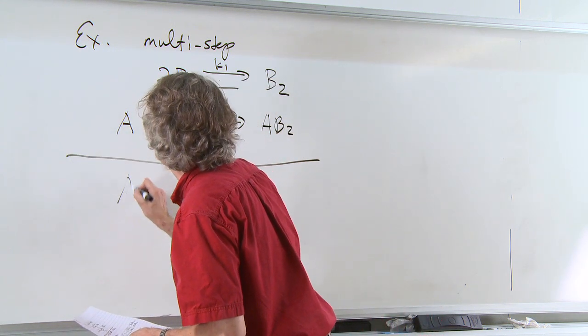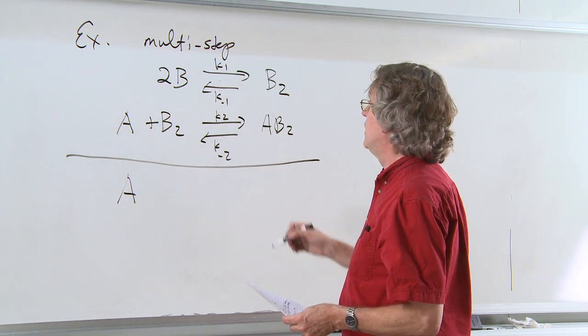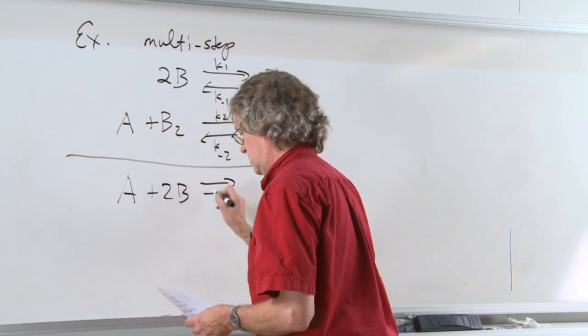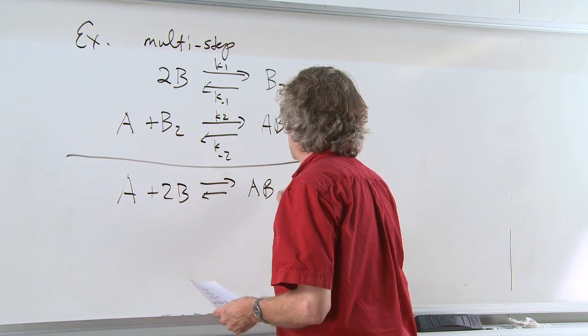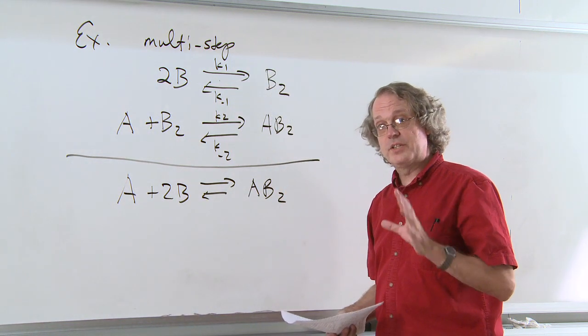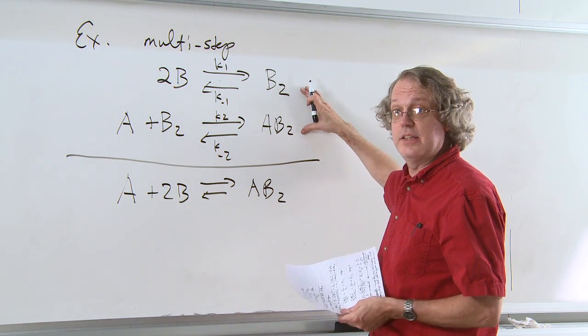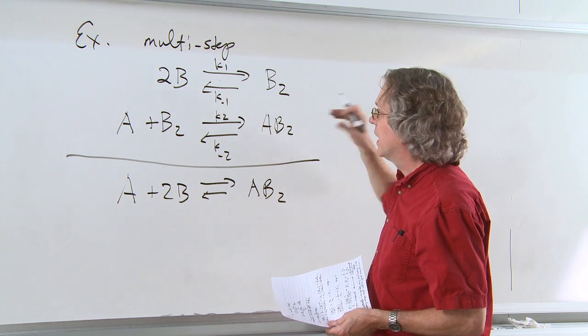So the overall reaction, if I cancel out the intermediate B2, is A plus 2B goes to make AB2. In order to analyze this under the condition of equilibrium, we're going to do exactly the same thing that we did for the one-step mechanism previously.